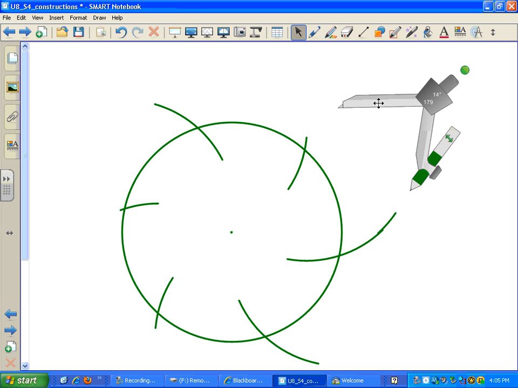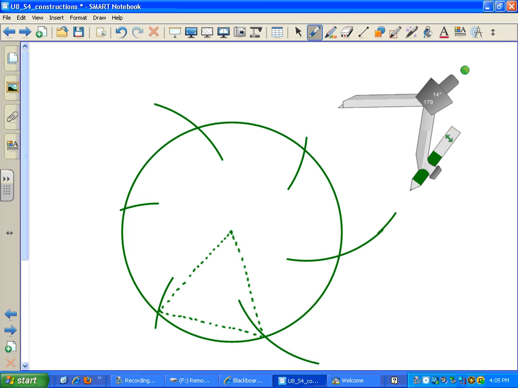And let's think about why that works. If this was the center, and I construct those two radii, since they're radii, I know they're the same length. And I also know that the distance from arc to arc is also the same as the radius. So really, I've constructed what type of triangle? Right, all the sides are the same, which means I've constructed an equilateral triangle.